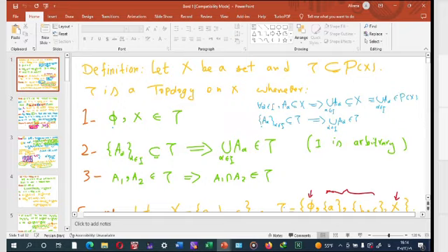For any family in tau, the union of A alpha belongs to tau. And 3, for any two elements in tau, such as A1 and A2, their intersection A1 intersect A2 belongs to tau.